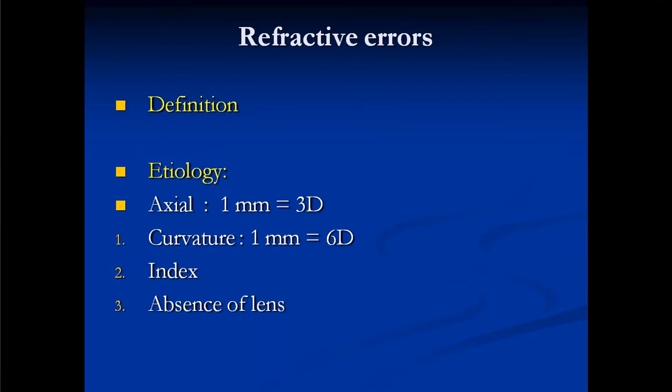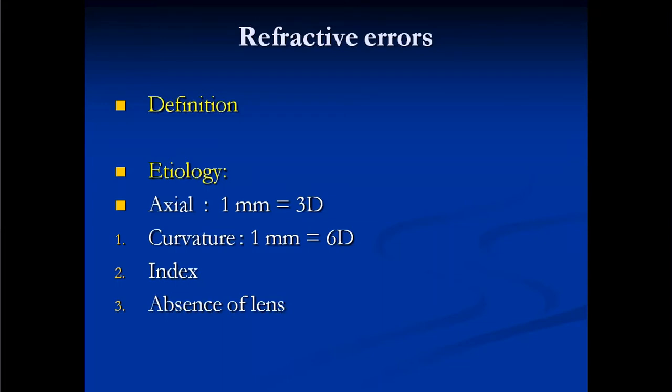Then another cause is the refractive index. The refraction differs in different media, that means those which have different refractive indices. Then absence of the lens, of course, is aphakia, which results in high hypermetropia.